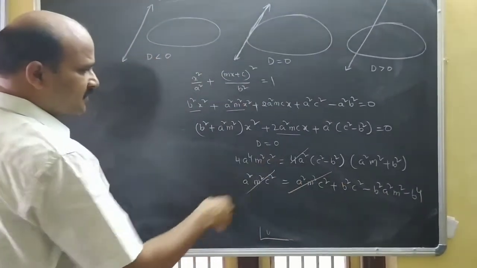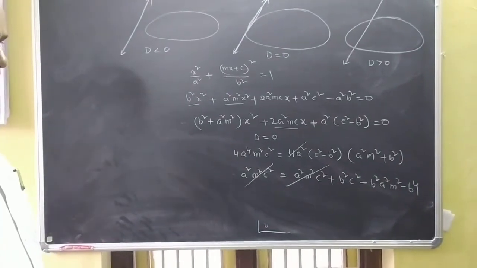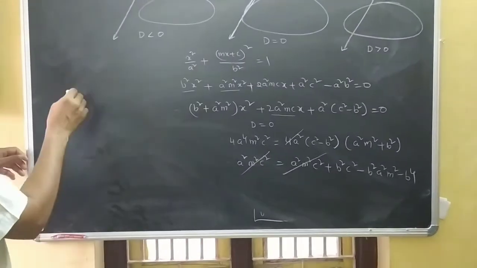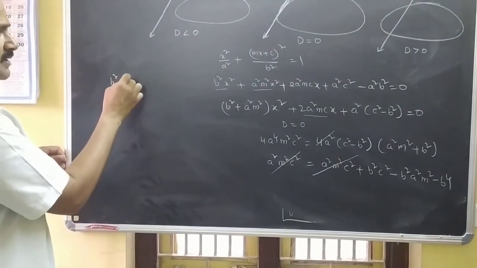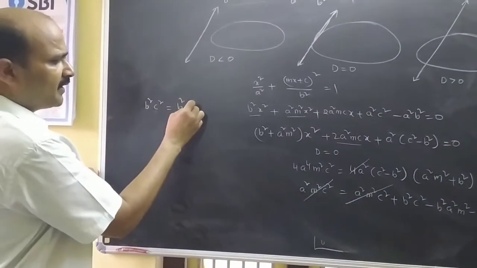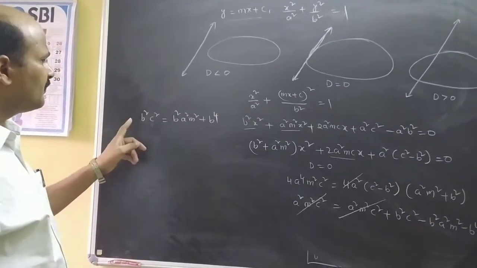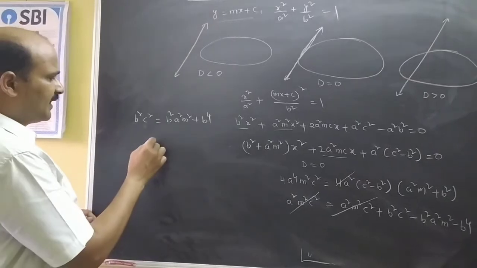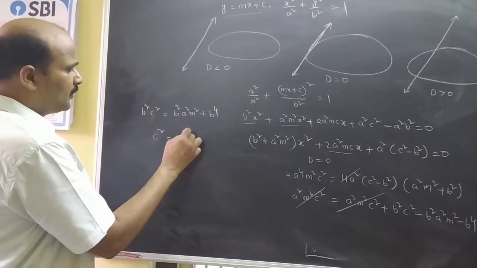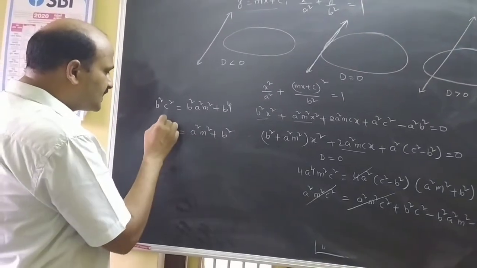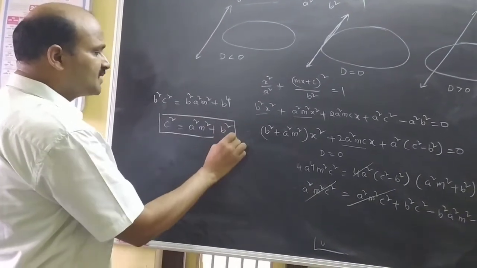On both sides a square m square c square is cancelled. If we transfer all these terms to this side, you will get b square c square is equal to b square a square m square plus b to the power of 4. Now if we divide by b square, you will get c square is equal to a square m square plus b square. Now this is the condition for tangency.